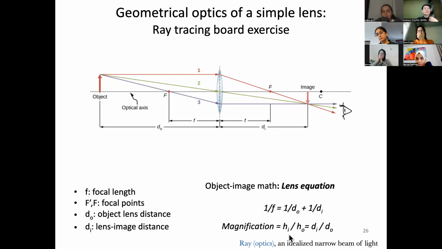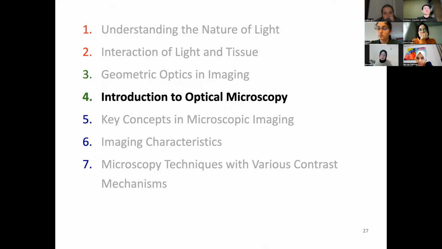So that's the basics of geometric optics of a microscope. But a modern microscope actually has not only one lens, but multiple lenses, so that we can apply more tricks to improve. So that's how I want to introduce you to optical microscopy techniques.